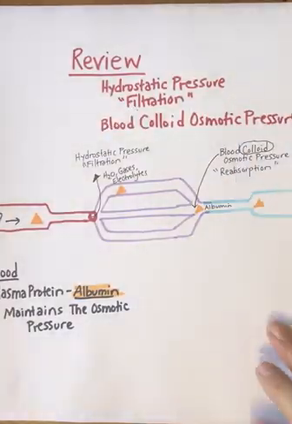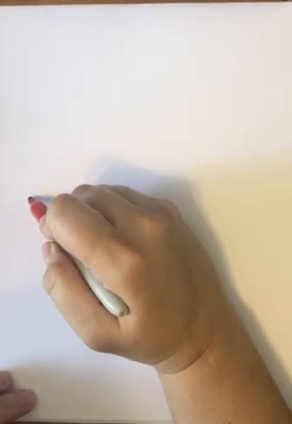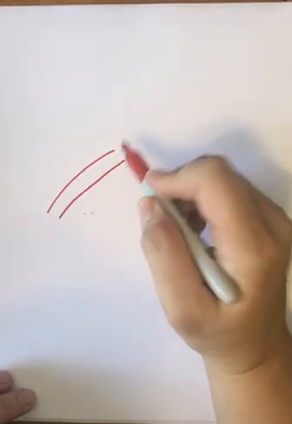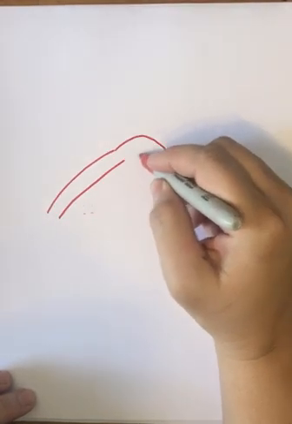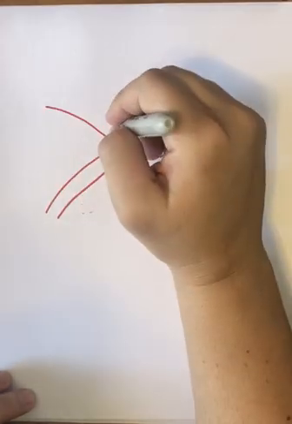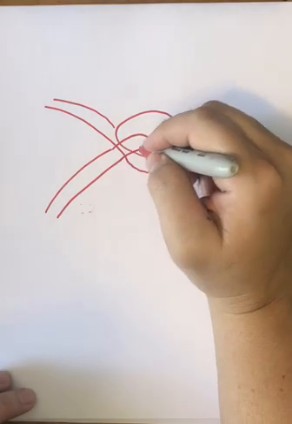But this is just a review. So, when we talk about the glomerulus, we say that this is going to be glomerular filtration rate. So I'm going to make this a little bigger. So here's your afferent arteriole, and there's your glomerulus, and then it's going to have the efferent arteriole.